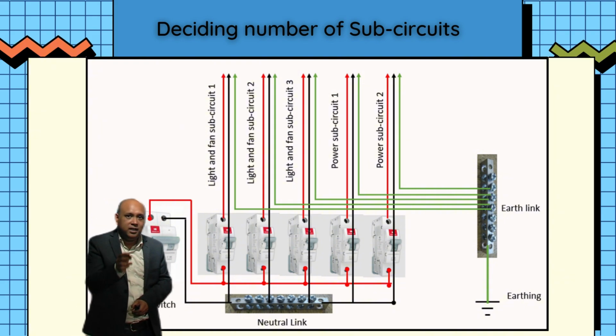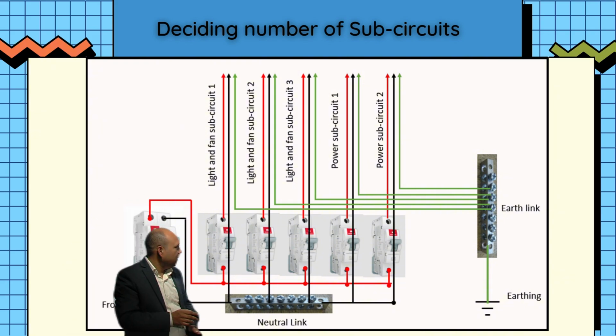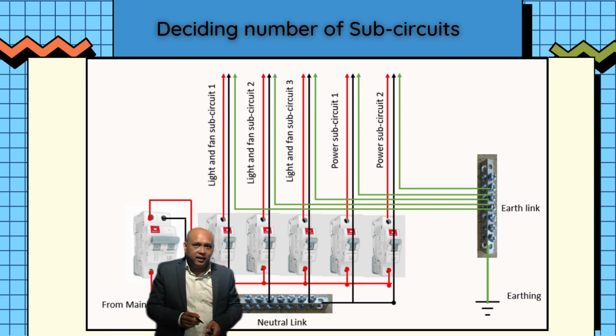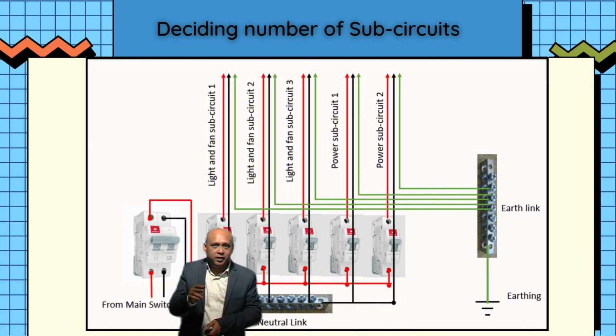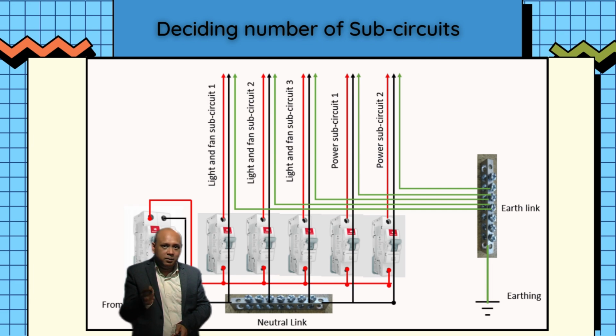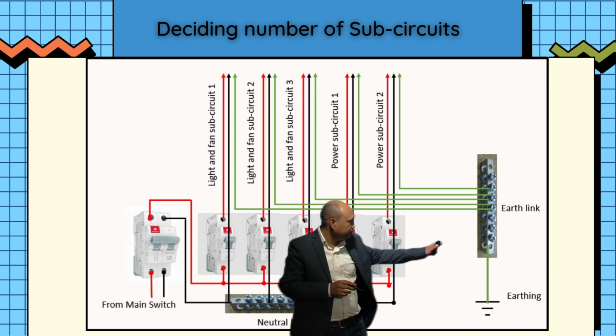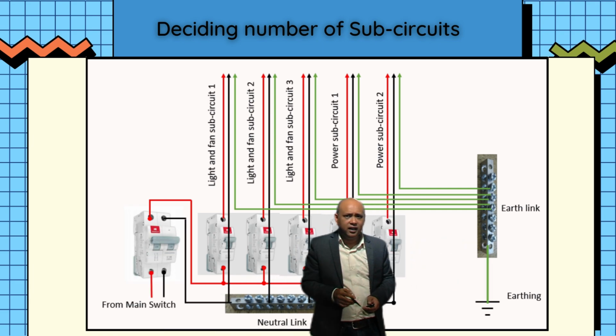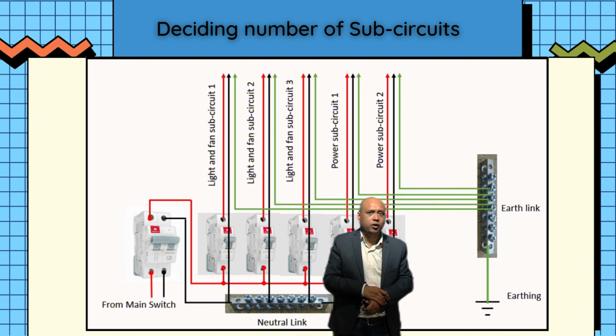The neutral wire will start from the neutral link of the neutral terminal block and it will terminate in one of the nearest loads from the DB. The earth wire will similarly start from the earth link and it will terminate in the earth terminal of a 3-pin socket outlet.